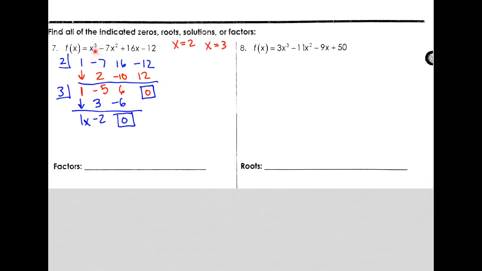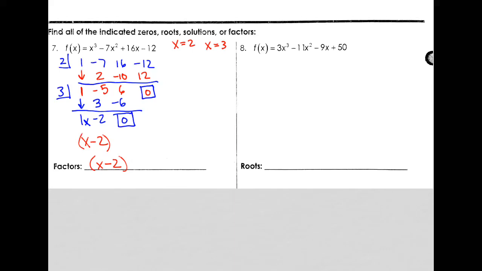So you were at 3, that took you down to a 2, that took you down to a 1, so it'd be x to the first power, and then count down from there. And so that's a 1x minus 2, so the same thing is x minus 2. And so that is indeed one of our factors. So you have x minus 2.